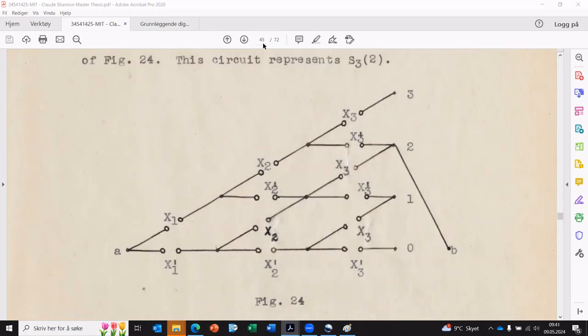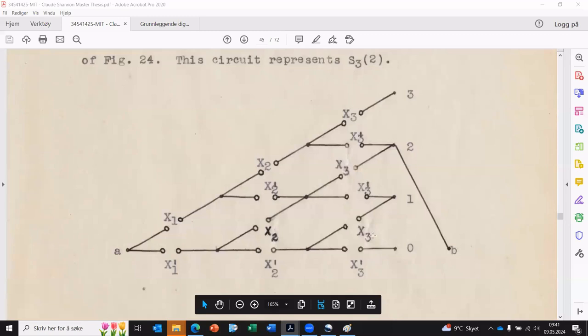Now we have taken a large jump to page 45. On the previous pages, Claude Shannon looked at various forms of networks. We are going to just look at this way of building up a network.